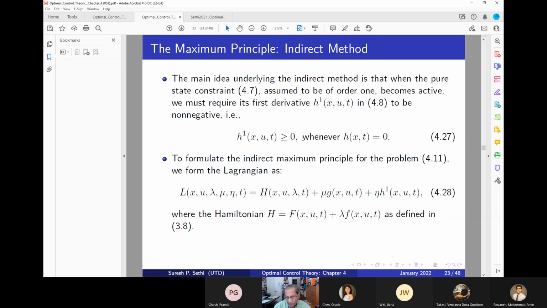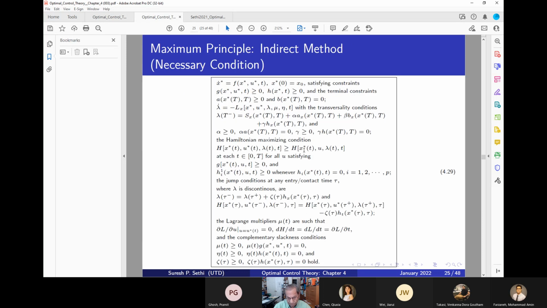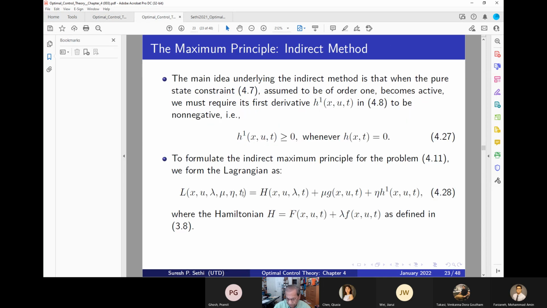Okay, so since the indirect is the one we are using in the book, we'll just review it very quickly, although we did it last time. If there are any questions regarding the indirect maximum principle, please feel free to ask. So for the indirect maximum principle, the Lagrangian is right here, and that's where the eta is.